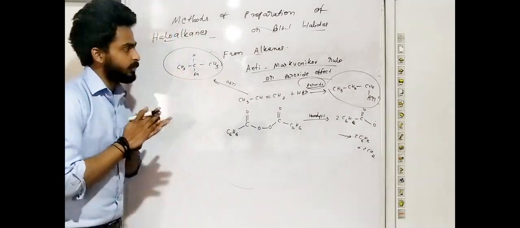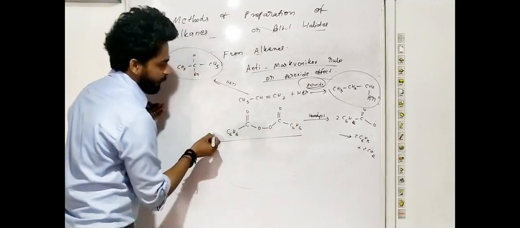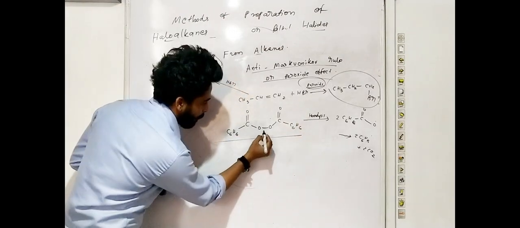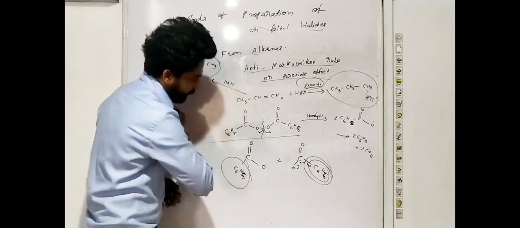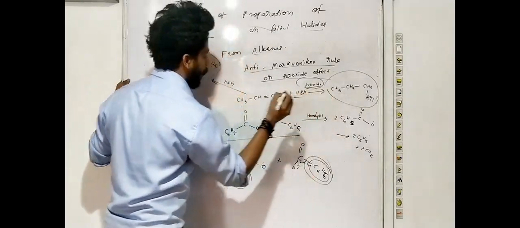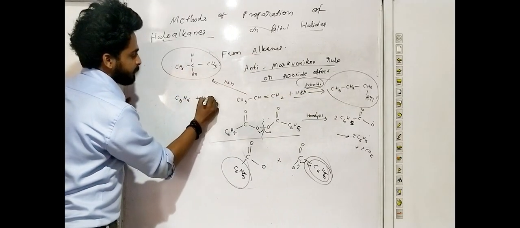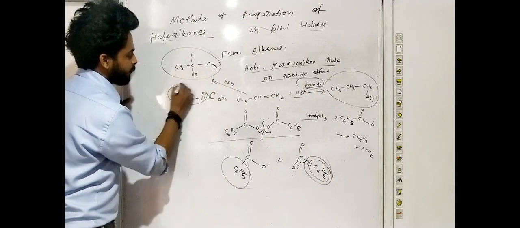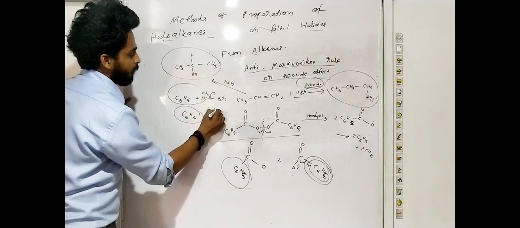So we have to understand the reaction mechanism of this reaction. First we take this peroxide as the reagent. Then by homolysis, this bond will break, giving two C6H5 radicals. This C6H5 dot will react with HBr to form C6H6 plus Br dot.